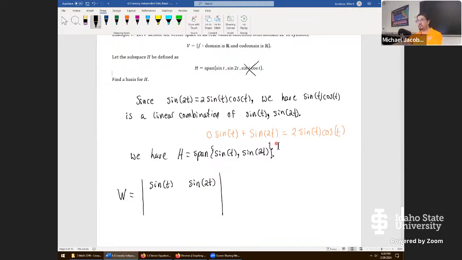If I had 3 functions, I would have 3 rows. The next row is the derivative, and the next row would be the second derivative. We have 2 functions, so here are the functions, and down below is the derivative of those functions. So we get cosine t, and a chain rule on this one will be 2 cosine, or excuse me, cosine 2t.